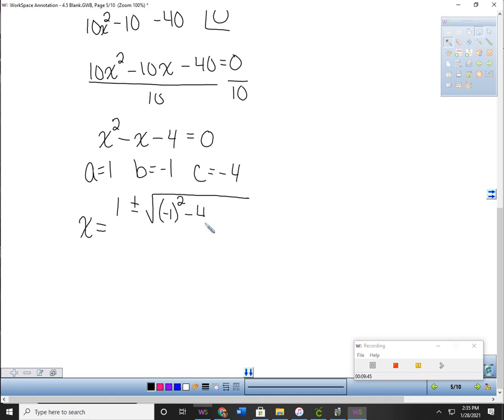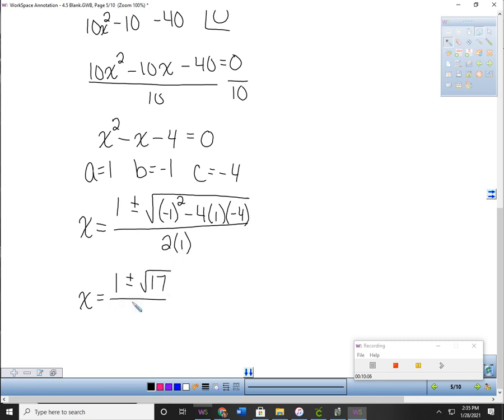Minus 4 times my a, that's 1, times my c, that's negative 4, all over 2 times a. The first number you always want to find is the number underneath the root. Don't put the root in, just put the stuff underneath the root. If you do that, you get 17.